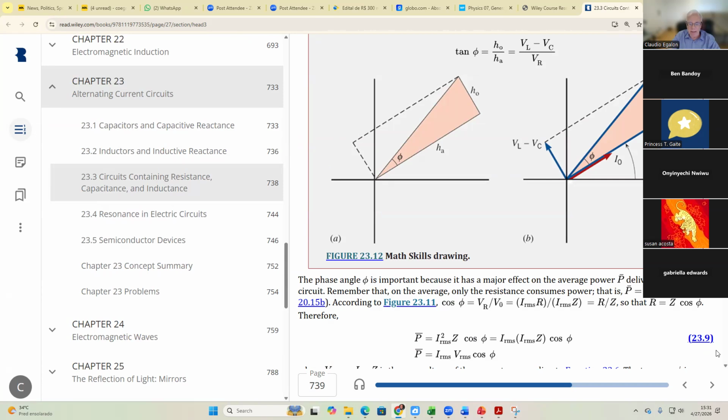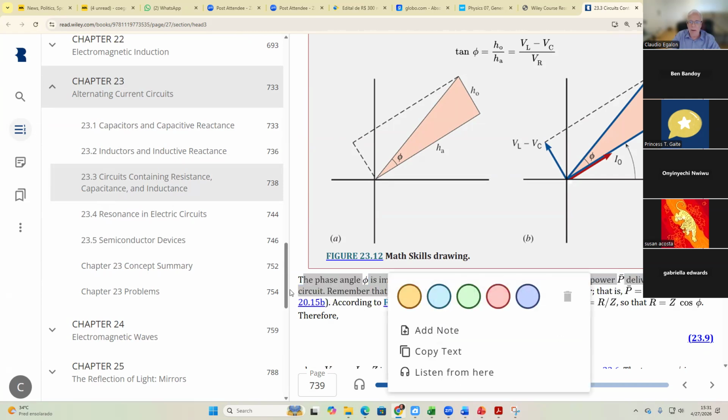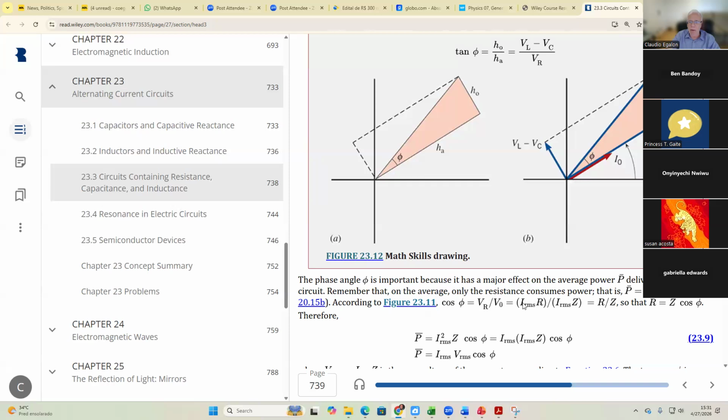Okay, here you go. The phase angle is important because it has a major effect on the average power delivered to the circuit. Okay, remember that on the average, only the resistance consumes power.